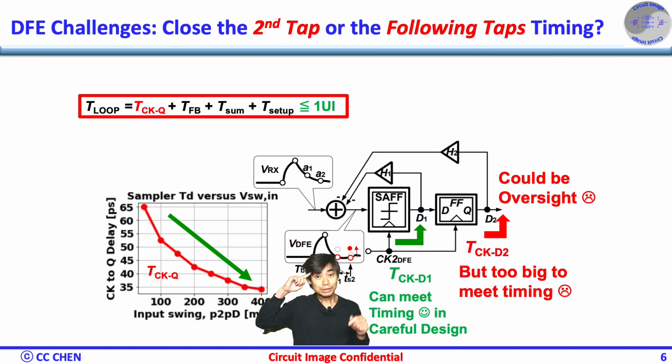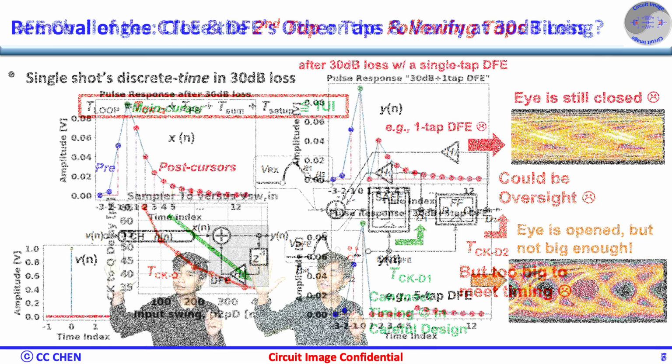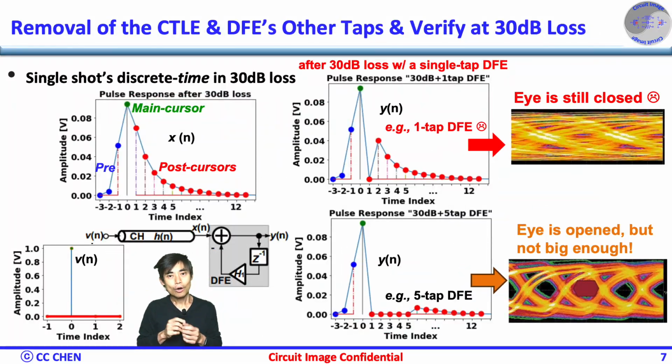Think about the reduction image for 5 seconds. Bingo! If the CTLE or other taps could confuse the result, then why not only look at the tap you would like to see? Unfortunately, from the single shot response after 30 dB loss with a single tap DFE, not only does the big precursor or other long tail post cursor still exist, but you will also see the eye is still closed and you cannot really see the first tap's sensitivity, not to mention its timing information.